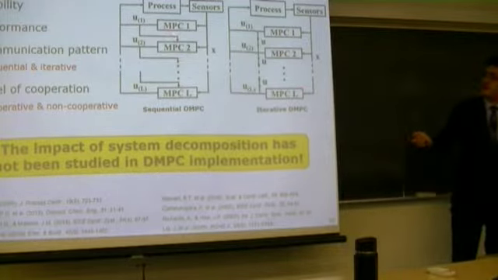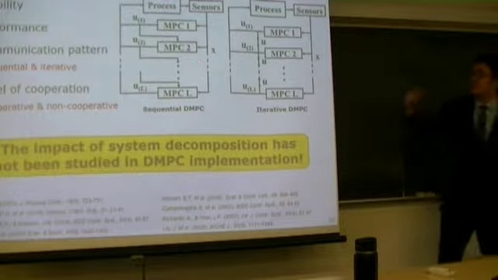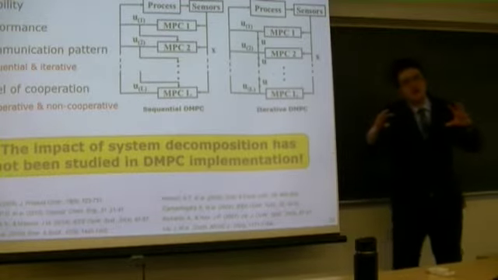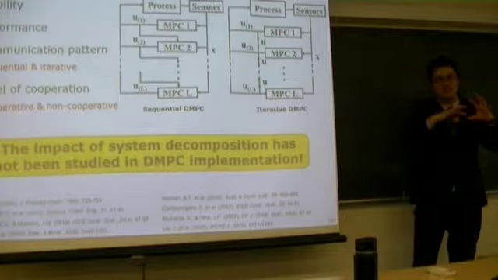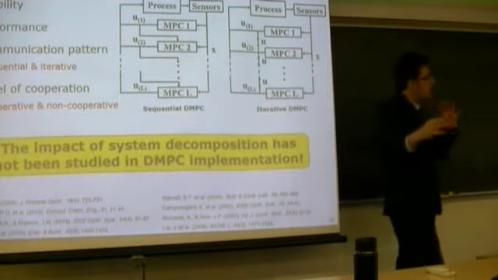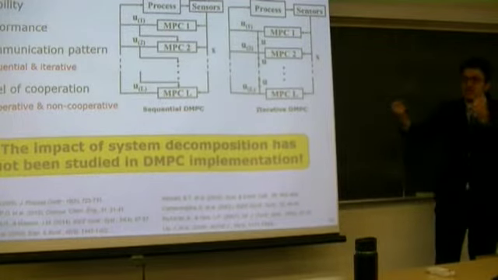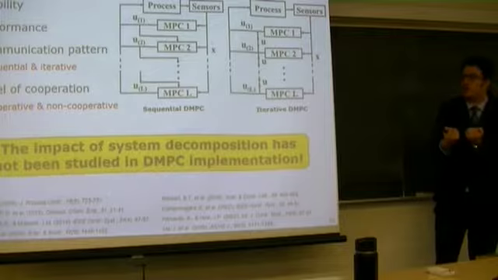In sequential DMPC, there is a sequential flow of information between local controllers. It means that each local controller, to handle the control problem for a specific part of the system, must wait for the previous controller to compute the manipulated inputs and then use that information to compute its own manipulated inputs.